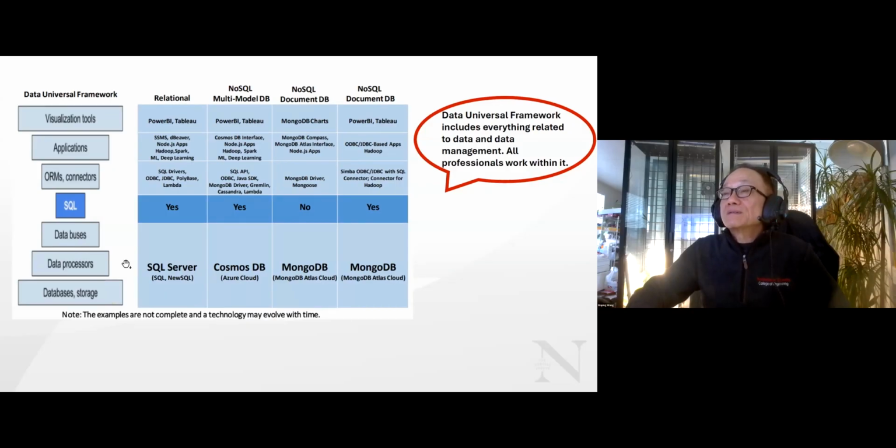And I want to talk a little bit more about some of these layers. ORM and connectors. Nowadays, when we do application development, we do object-oriented development. But all applications are based on a database. In industry, most likely, we will be using a relational database.